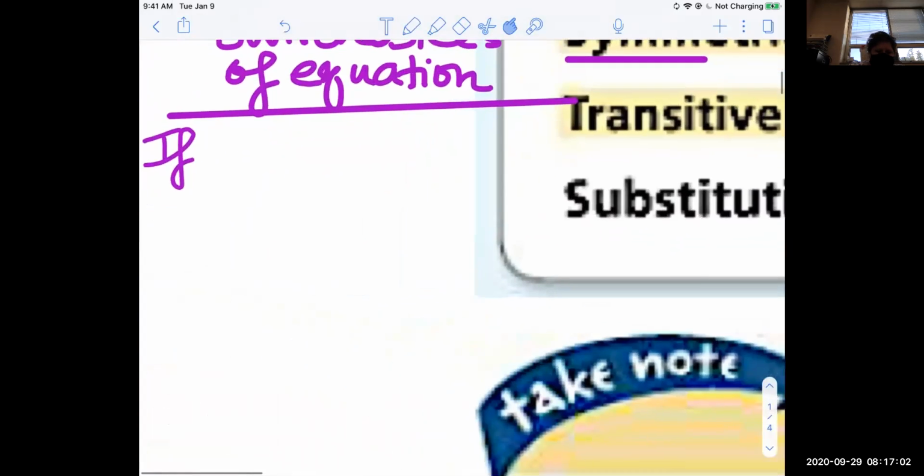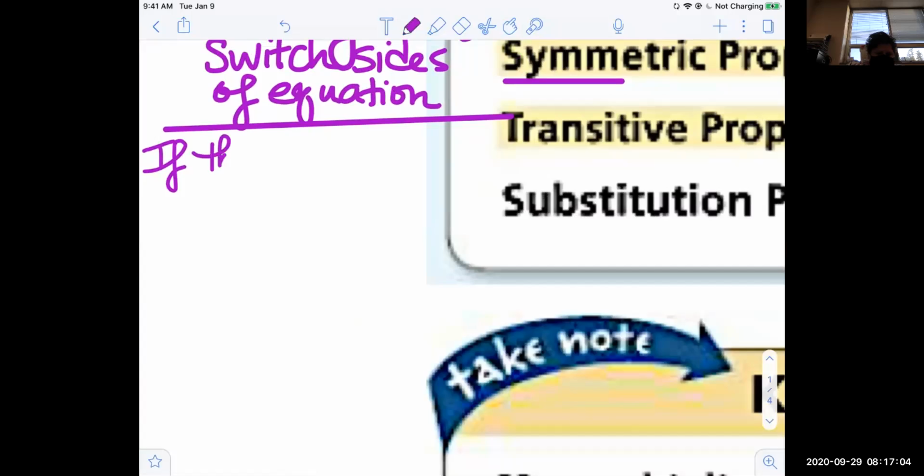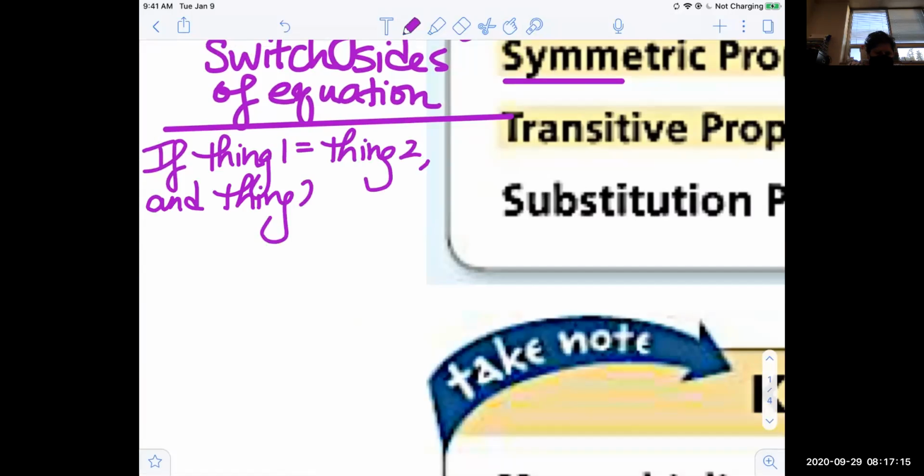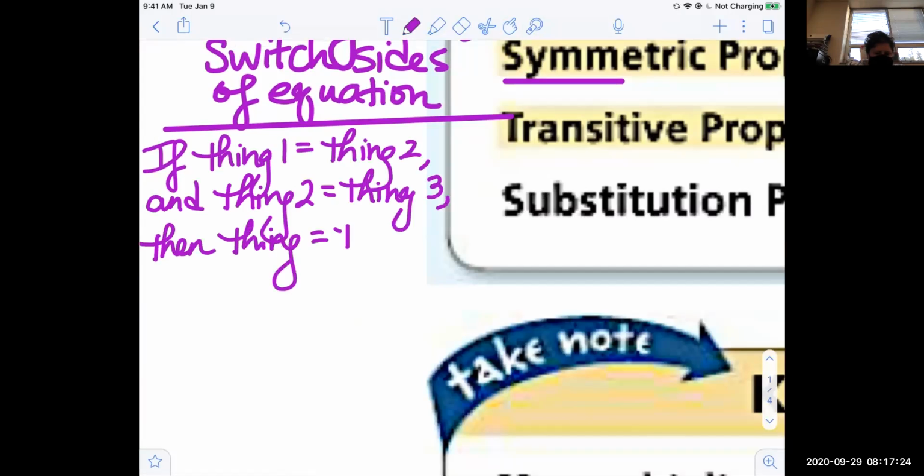So transitive is if thing 1 equals thing 2, and thing 2 equals thing 3, then thing 1 equals thing 3. You have to have a whole entire side of the equation that matches so that you can remove that and connect the first and the third thing.